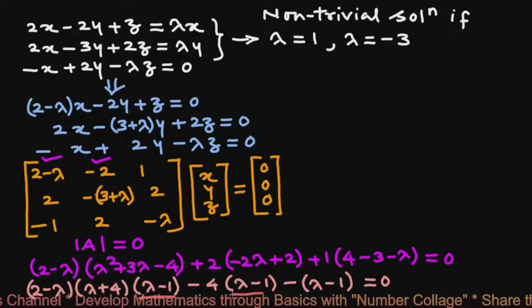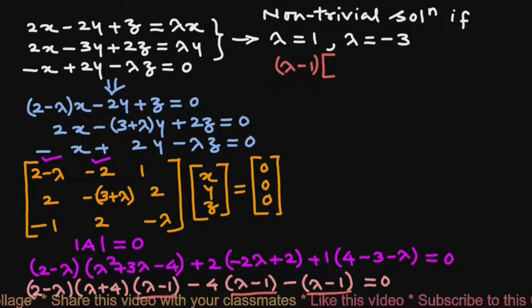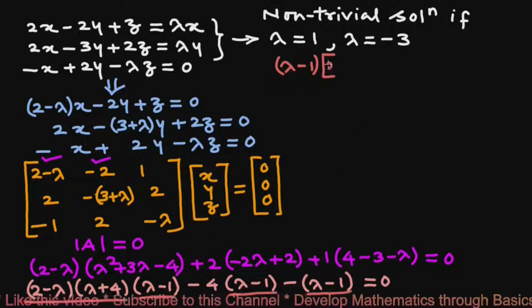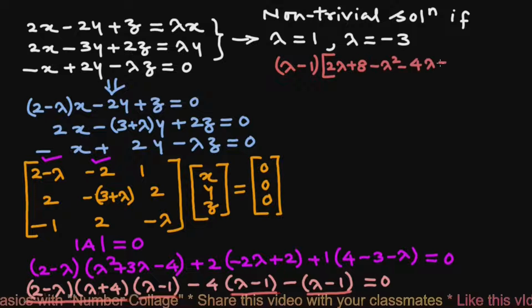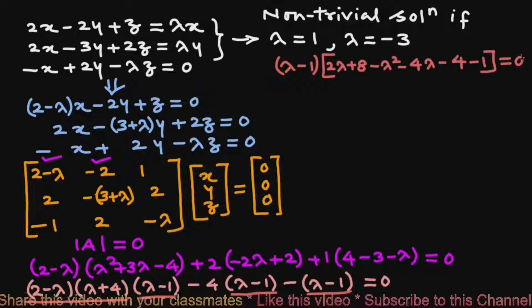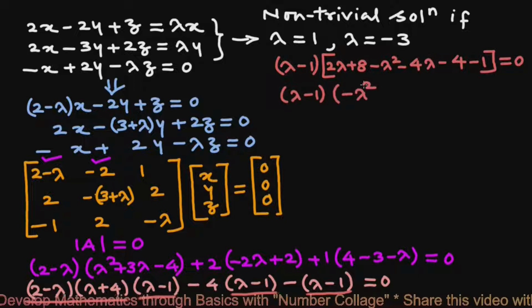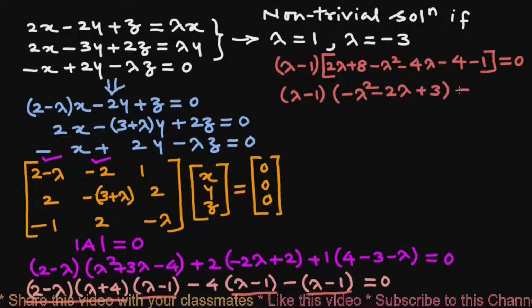Taking lambda minus 1 common, we write lambda minus 1 into the product of 2 minus lambda into lambda plus 4, which will be 2 lambda plus 8 minus lambda square minus 4 lambda, minus 4, minus 1 equals 0. That will be lambda minus 1 into minus lambda square minus 2 lambda plus 3 equals 0.